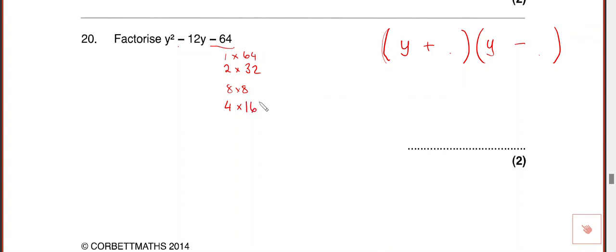So 4 times 16. Is that the one we need? So it's going to be negative 16 and positive 4.